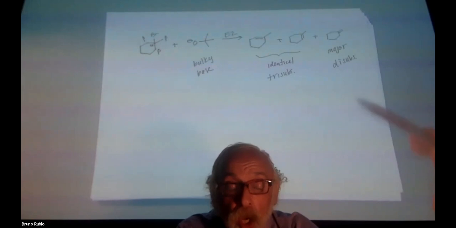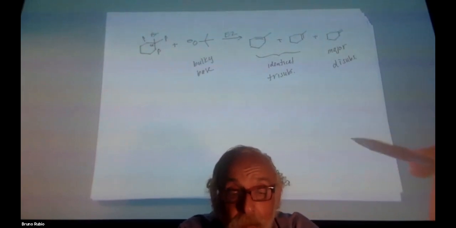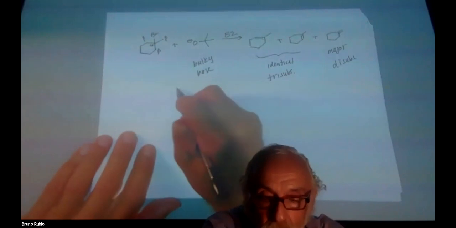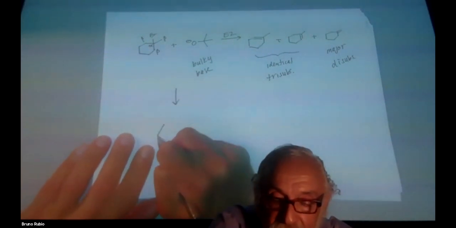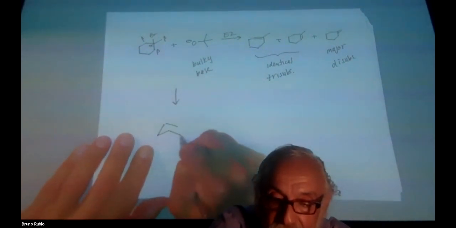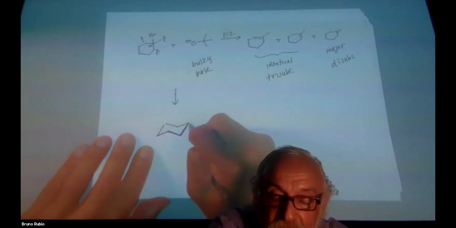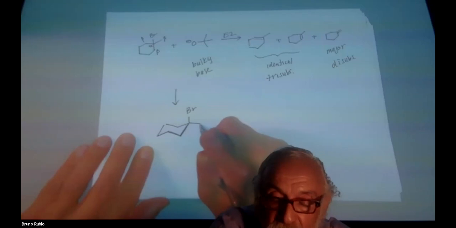And once again, could that beta hydrogen and the leaving group be anti to each other? Because if they can't, then we won't have an E2. Well, one of the skills we know about is translating a chair to a flat drawing and vice versa.